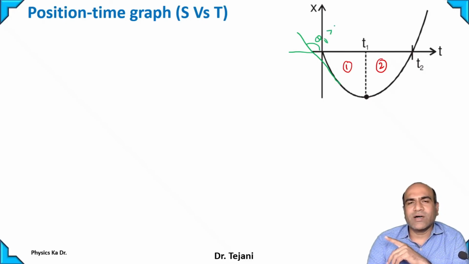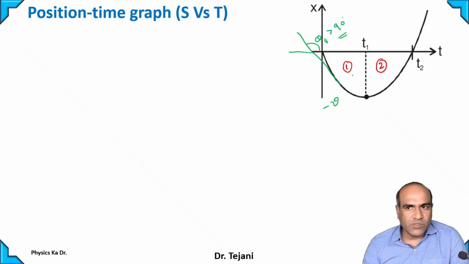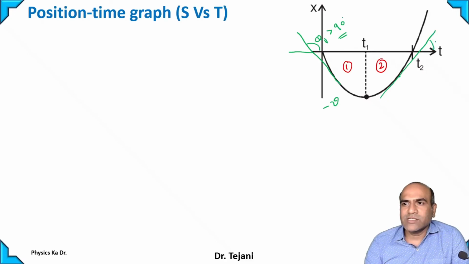Can I say theta one is greater than 90 degrees? Yes. That means for this portion, velocity is negative. And for the second, let's do tangent. This is theta two. Can I say less than 90 degrees? Yes. So velocity is positive for this section.